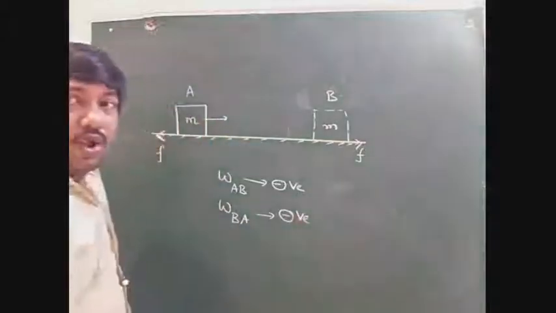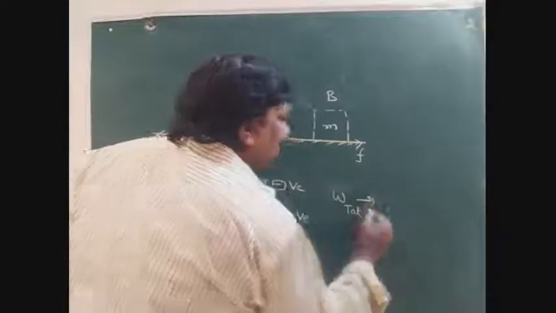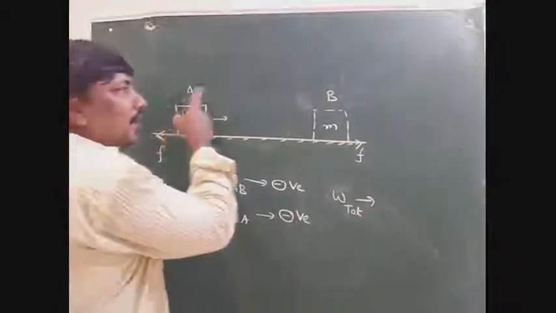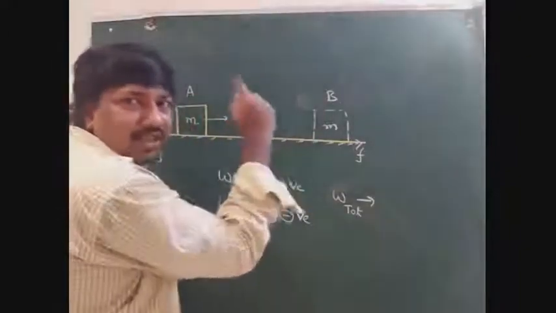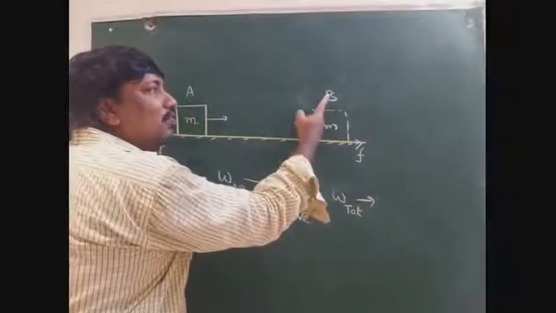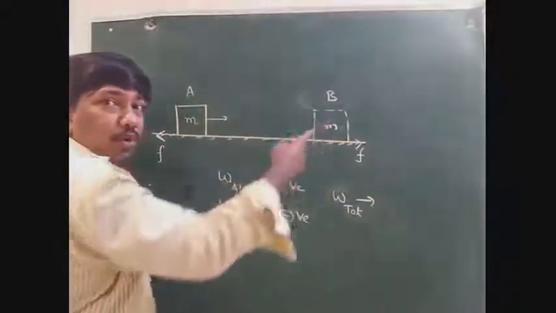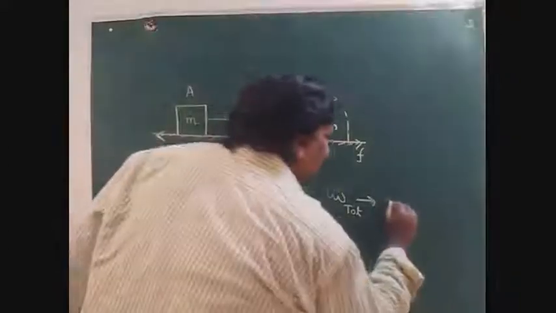Therefore the total work done around the closed trip, that means A to B and B to A, is the sum of the first case, where it moves A to B, and the second case, where it moves B to A. So the total work done around the closed trip by the frictional force is negative.